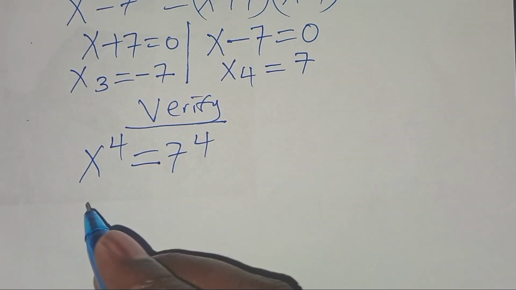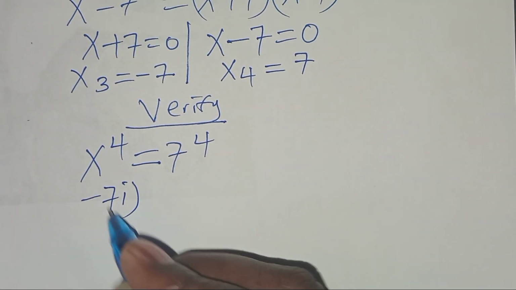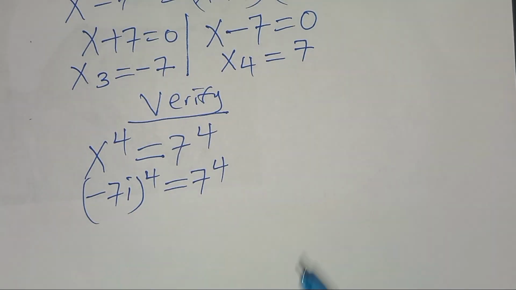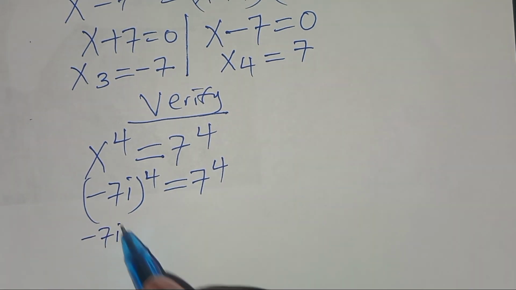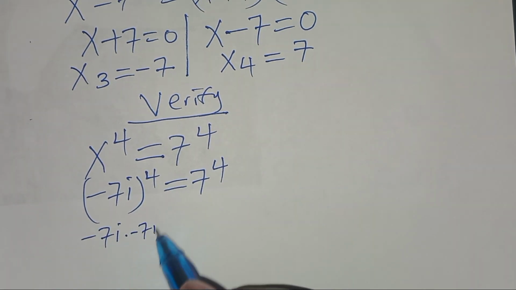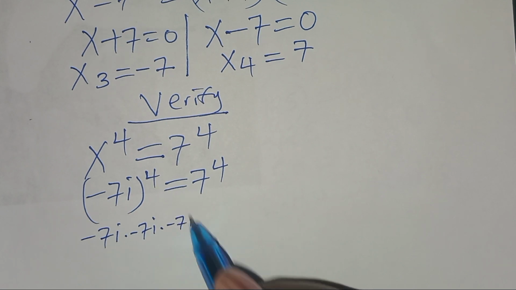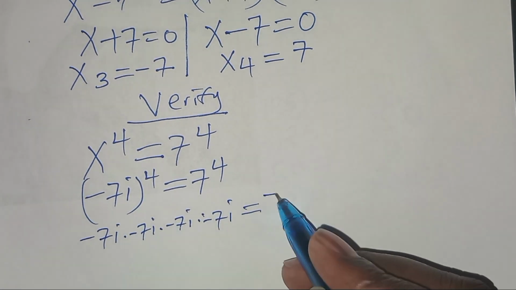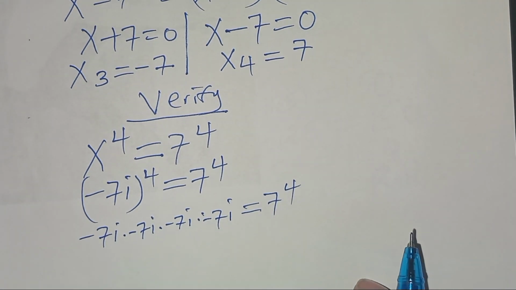So let's substitute negative 7i raised to power 4, which should equal 7 to power 4. So substituting the value of x1, you have negative 7i times negative 7i times negative 7i times negative 7i. This is equal to 7 to the power 4.